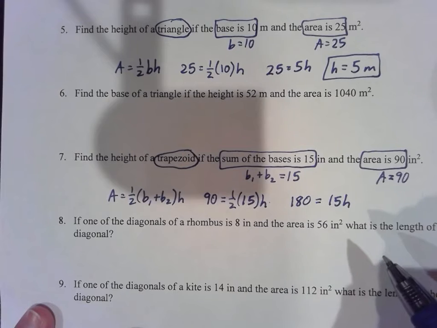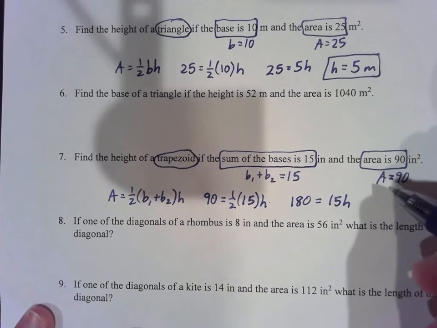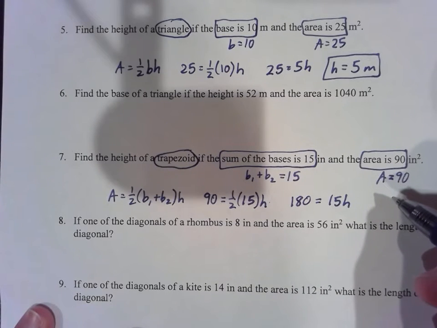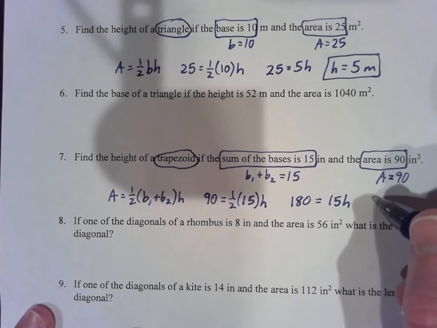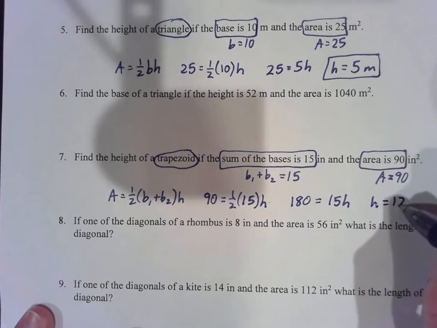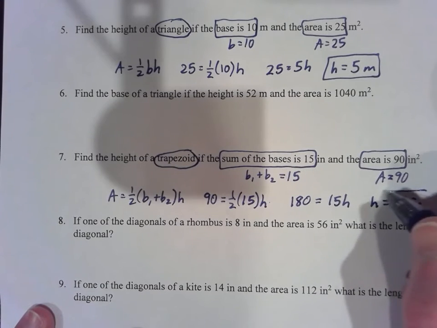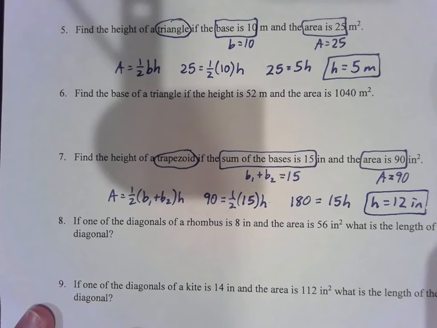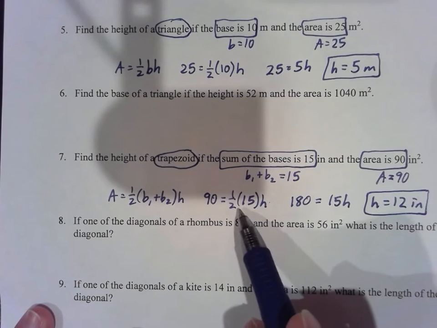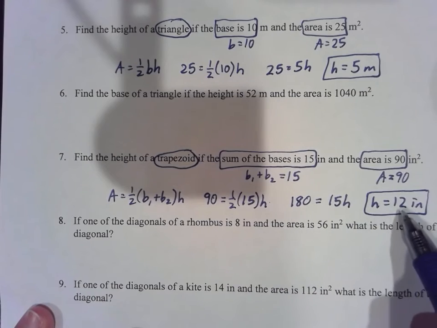And then divide by 15, 180 divided by 15 is 12. Look at the label, inches. Find the height of the trapezoid. The height is 12 inches. If we take 90 divided by 7.5, that would also give you 12.